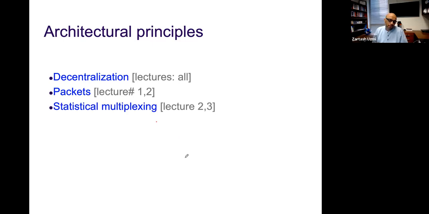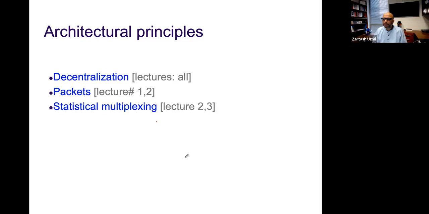And then another important thing is statistical multiplexing. That's one of the holy grails of internet communication, the reason that internet communication is so cheap compared to, let's say, phone communication.